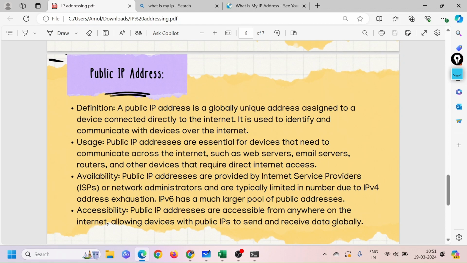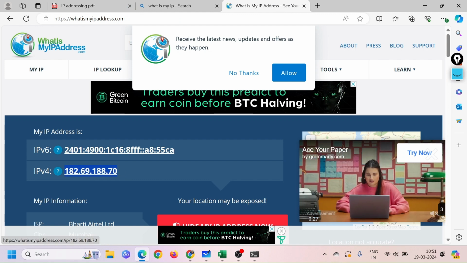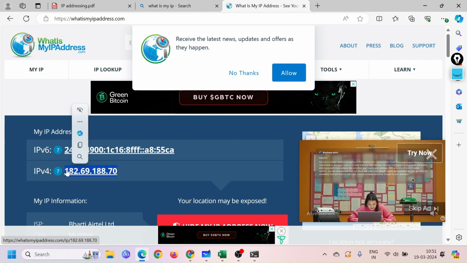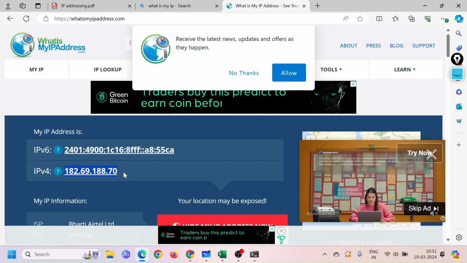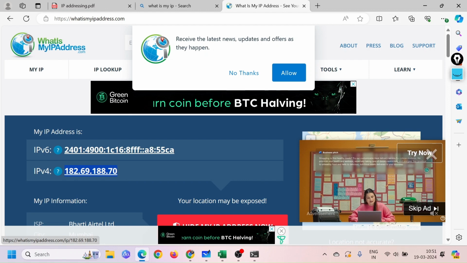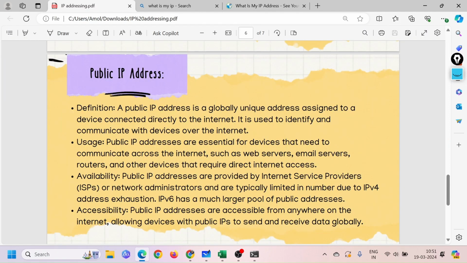So when I search something, the source IP will be this one, and my request will go outside. Whenever I get a reply, the internet, or any server, has to reply back to me, so the destination will be this particular IP, and that's how I receive my data back on my PC or laptop.